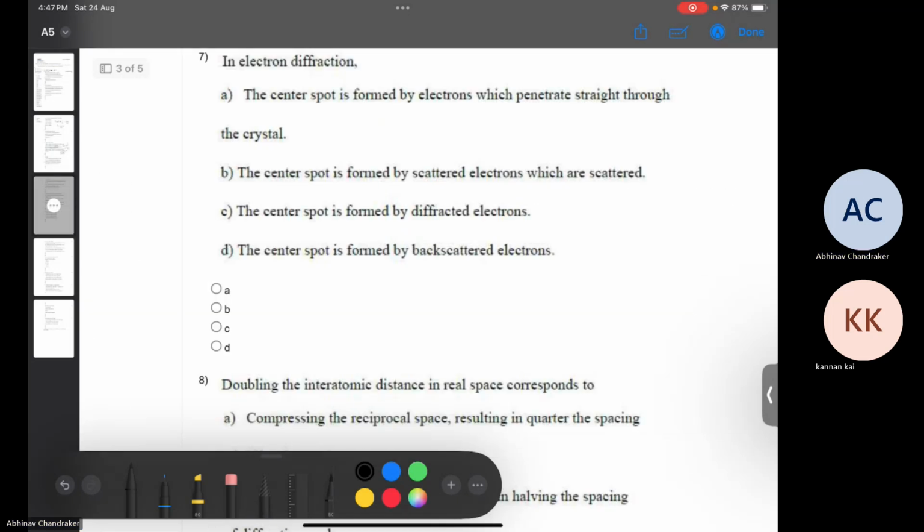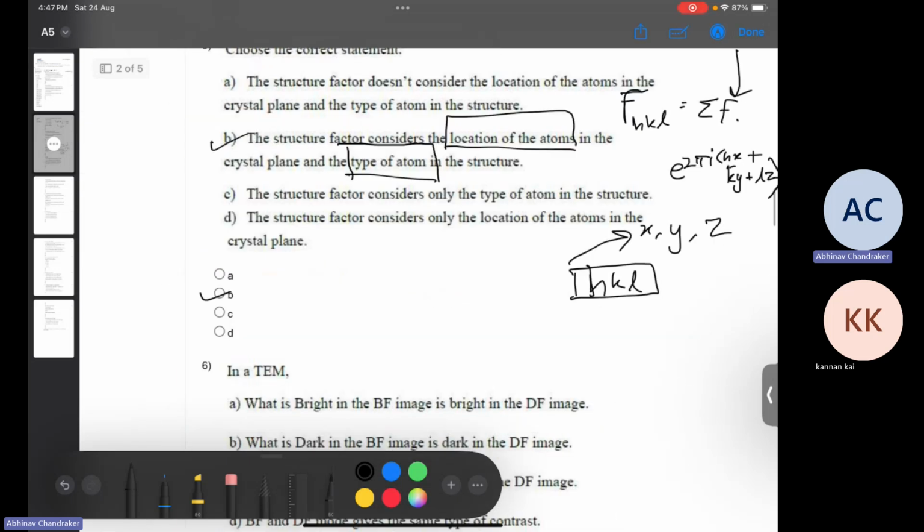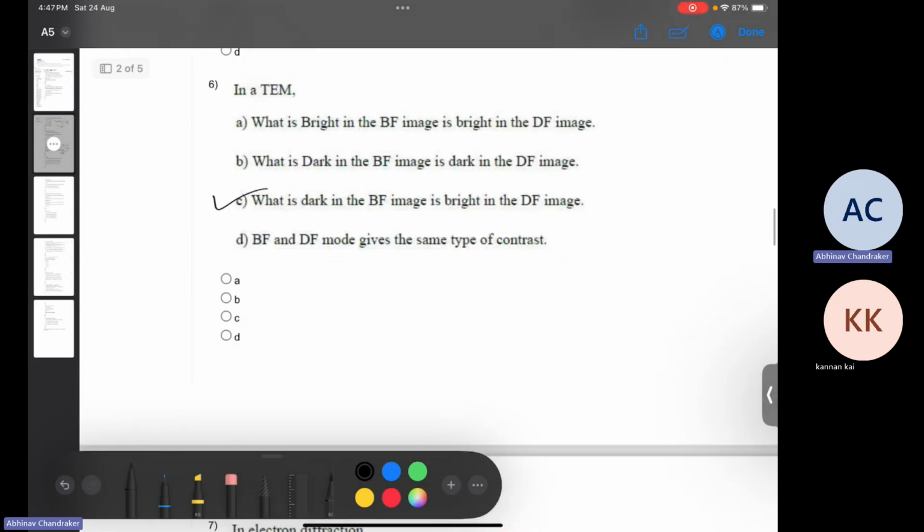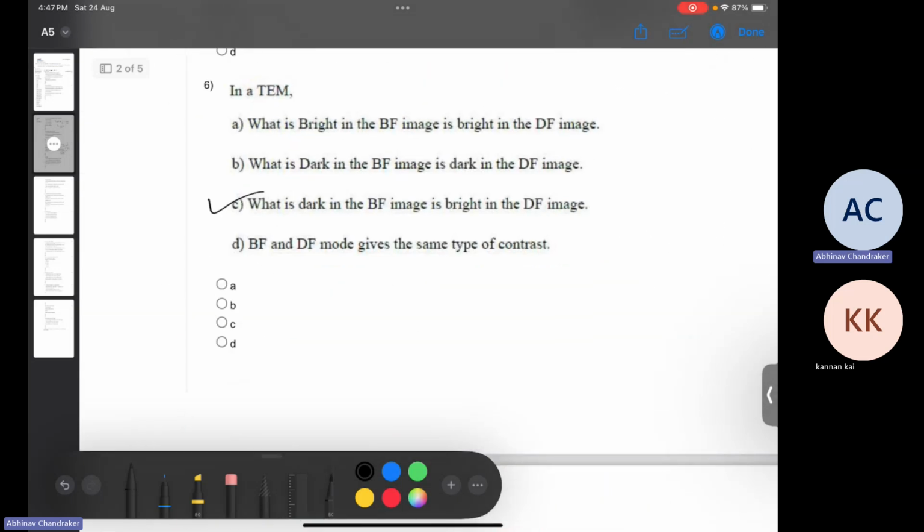What is dark in the bright field are those features which are scattering the electron beam, scattering or diffracting it. Diffraction is also kind of scattering only.